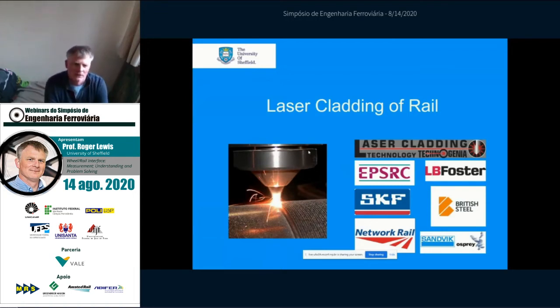So as the laser is heating the surface, it's melting the substrate, but also the powder as it forms a clad layer, which if you have the cladding parameters set up well, that will give you a really strong bond.